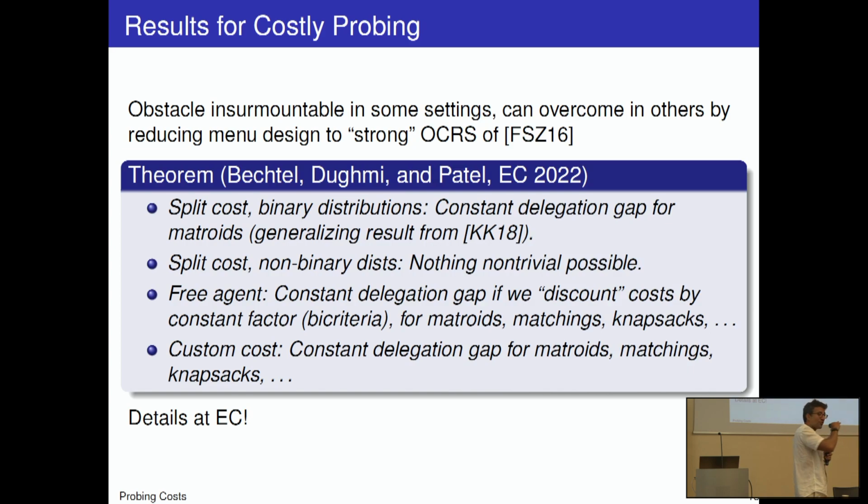Beyond binary distributions, we show nothing non-trivial is possible. For the free agent setting and custom cost setting, we get fairly nice positive results in many settings. For one of them, we need a bicriteria guarantee of discounting the cost, but that's a technical condition. I'm not going to steal my students' thunder. The details of this result are going to be at EC. There are a lot of technical details here.